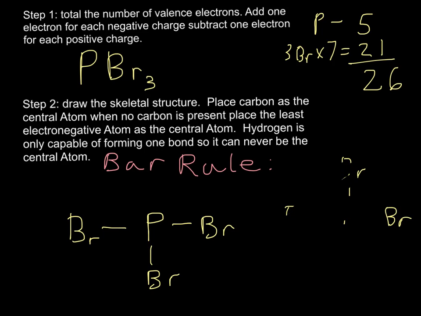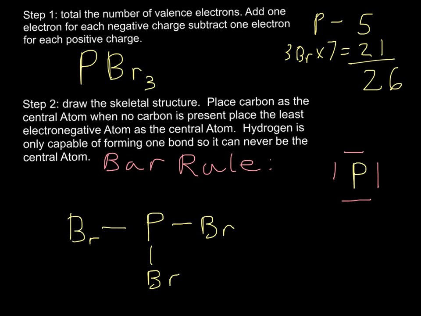I will mention one thing I was negligent in mentioning earlier. When we write Lewis structures, we like to pretend that each side of our elemental symbols is an orbital.